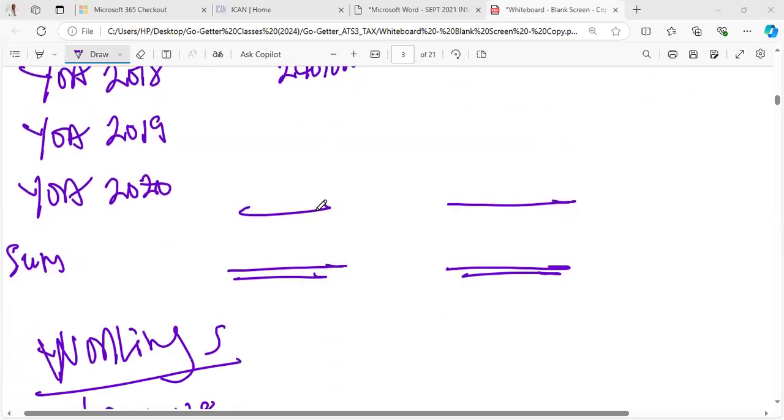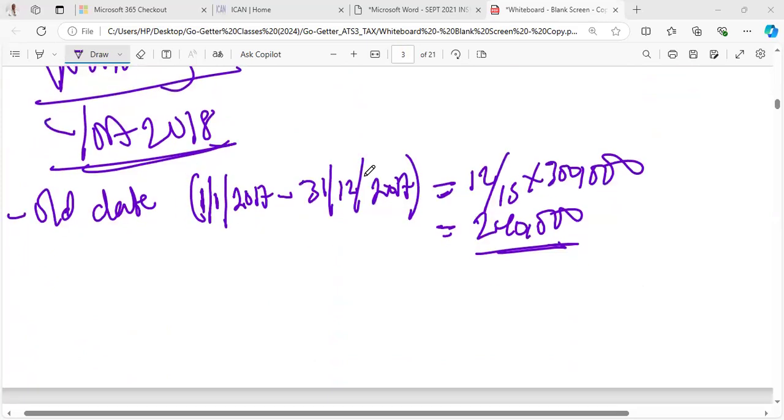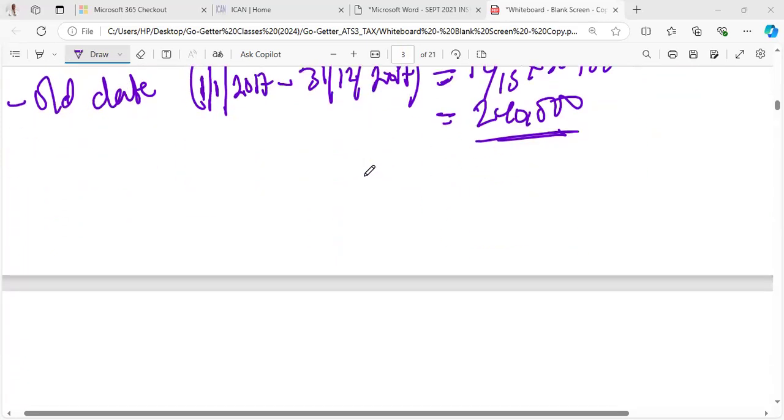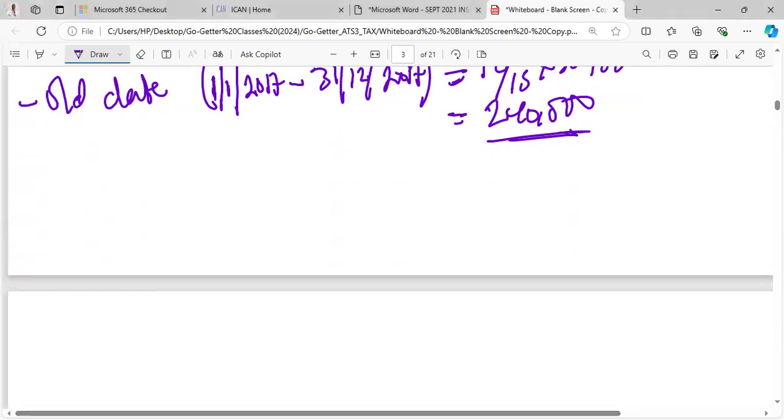Then we have 2018 new date. So we can do the new date immediately.